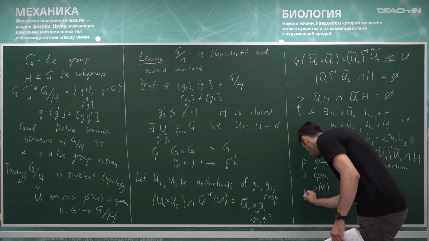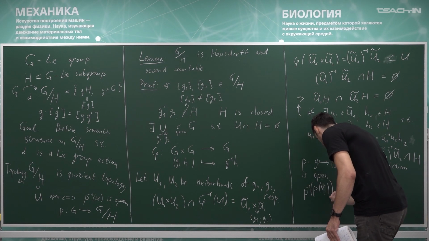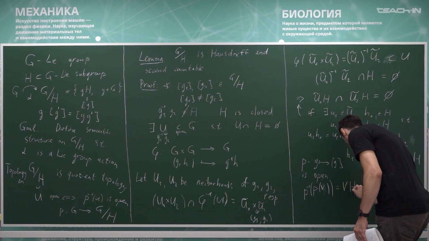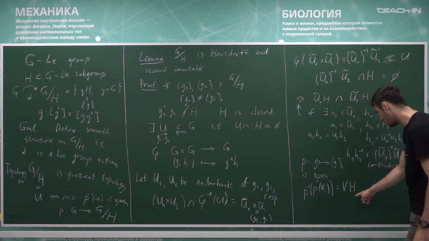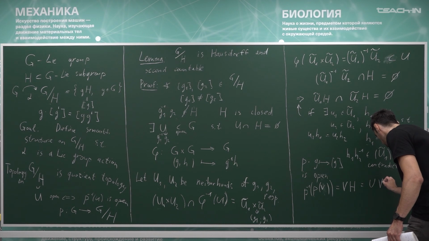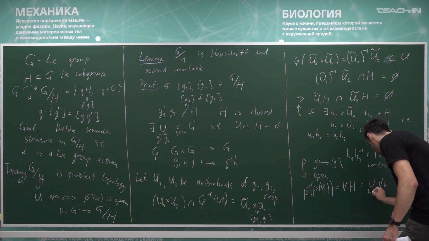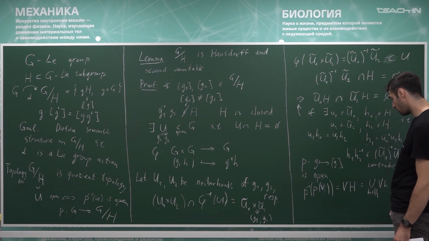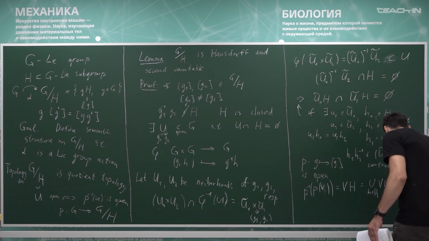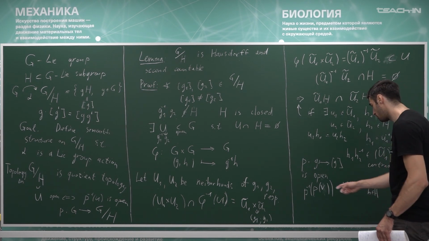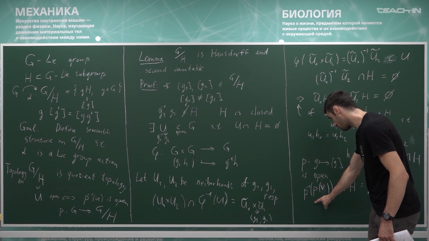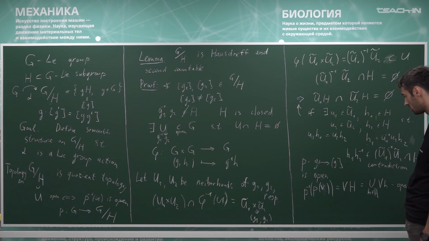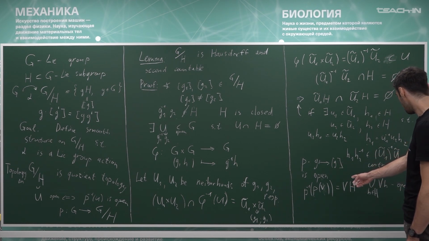But p inverse of V is just V times H, and this is the union of V h as h runs over H. The union of open sets, so it's open. So the preimage of p of V is open, therefore p of V is open by definition of the quotient topology. So this map is open.